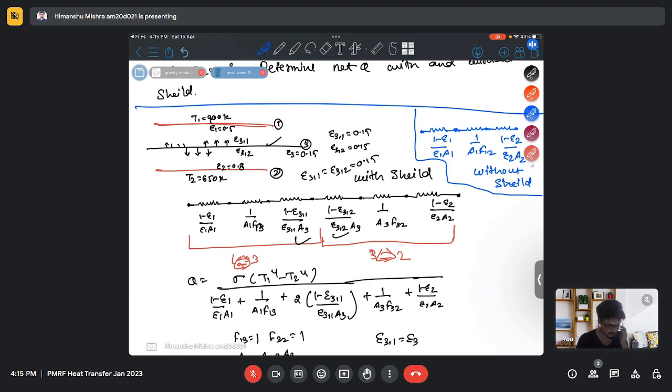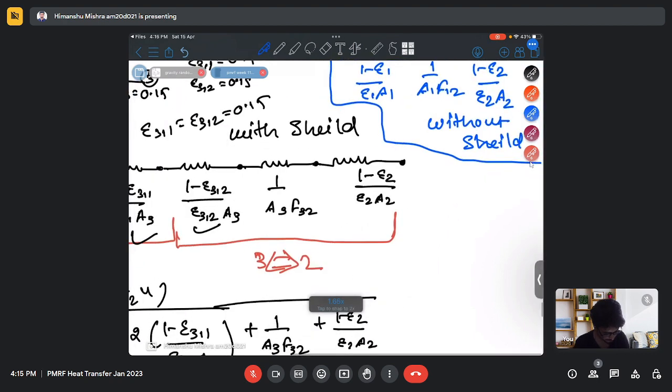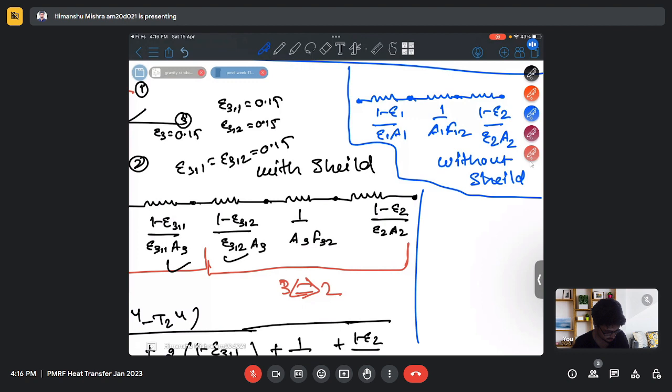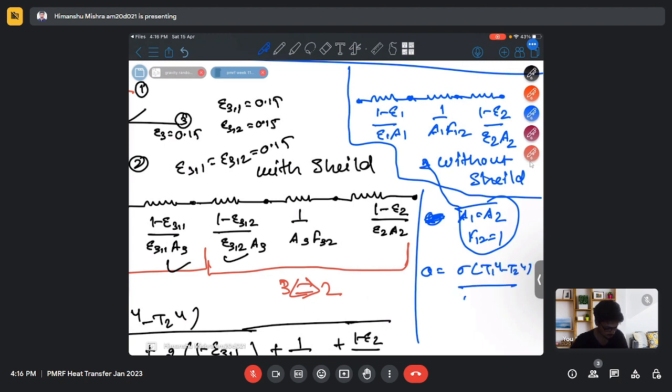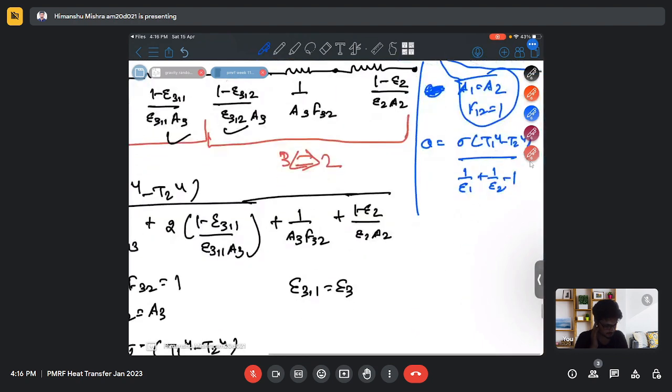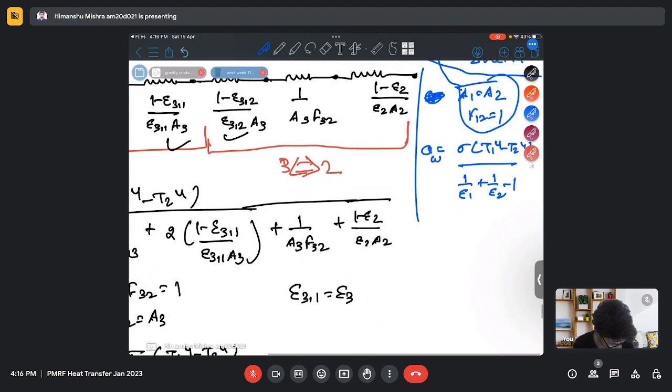So this is without shield. So again we can just simplify the problem: A1 equals A2 and F12 equals 1. So after putting this simplification into the resistance functions here, I can just directly write the expression like this. So this is without shield.